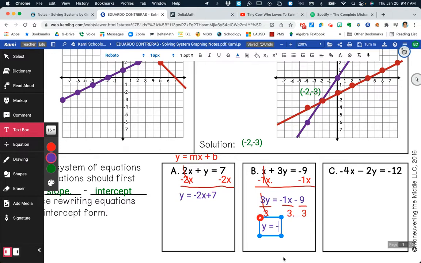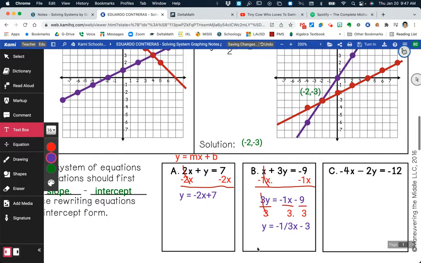Why don't we just write it as negative 1/3 x. And then we have negative 9 divided by 3. How many times does 3 go into 9? So minus 3. There's our new equation in slope-intercept form: y equals negative 1/3 x minus 3. And really, that's about as tough as they get.